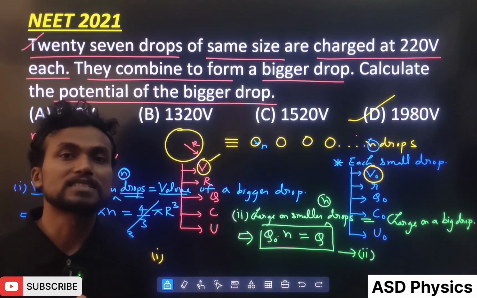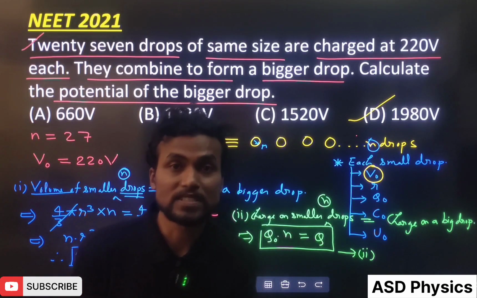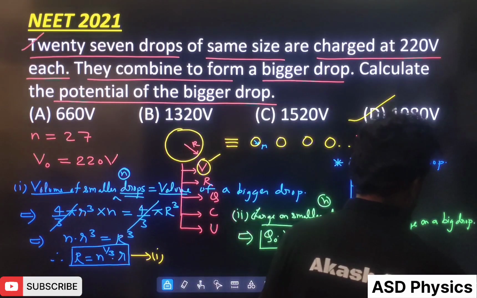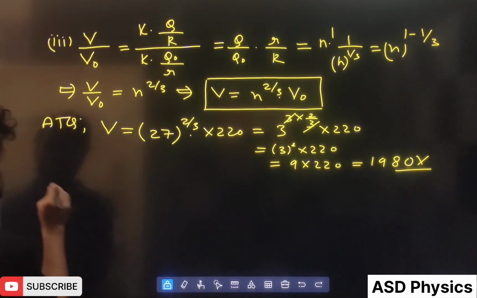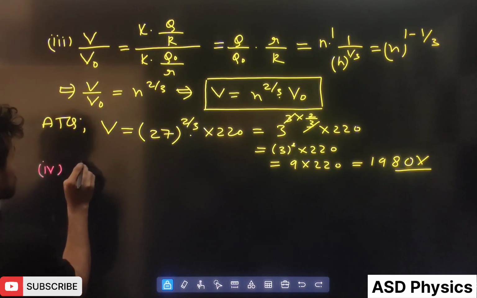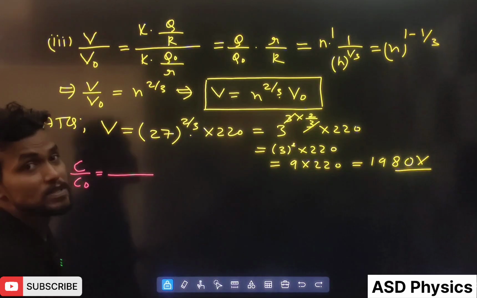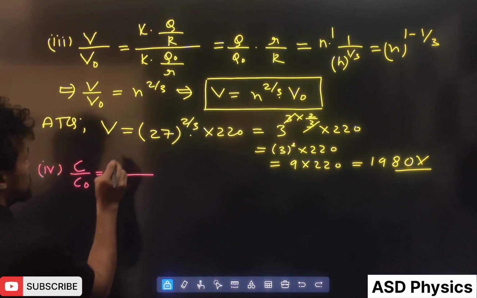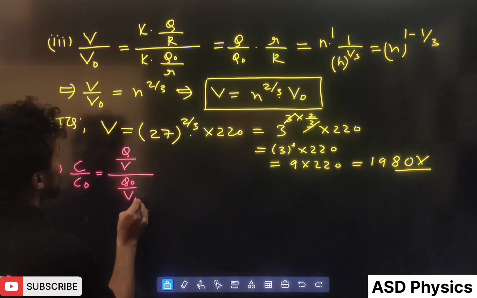The question is complete, but let's learn some other basic things like capacitance and energy also. Now the fourth one, capacitance, C by C naught. Capacitance is the ratio of charge and potential, so we can write Q by V and Q naught by V naught.